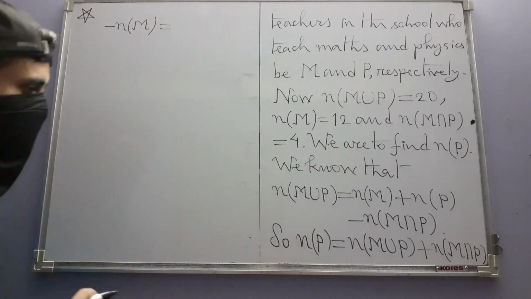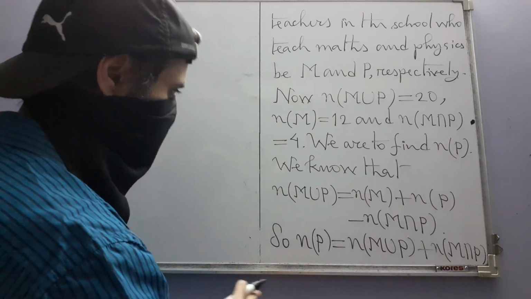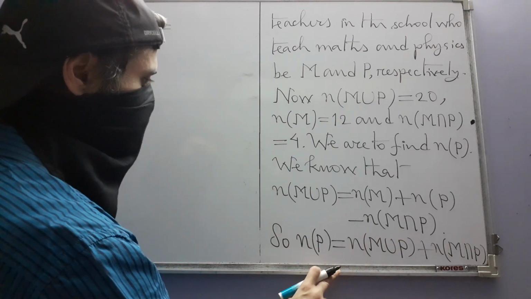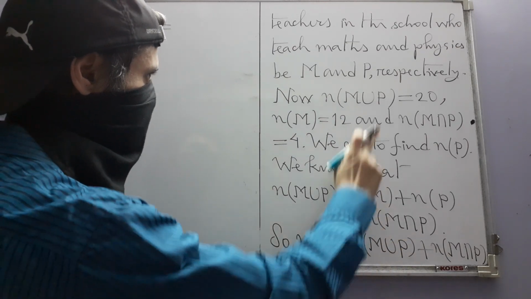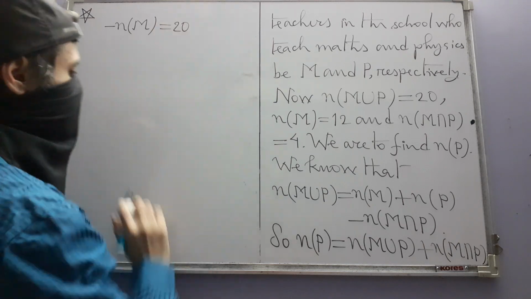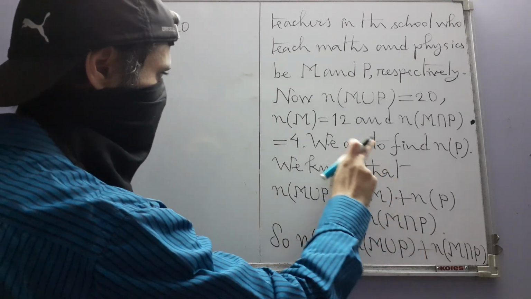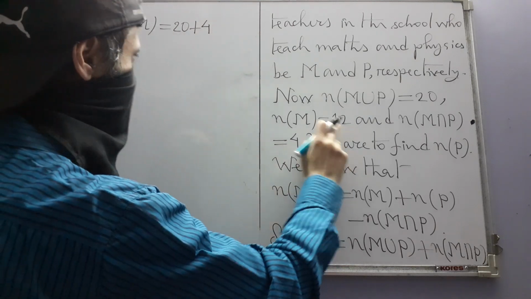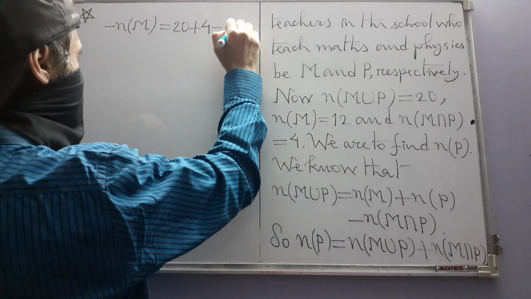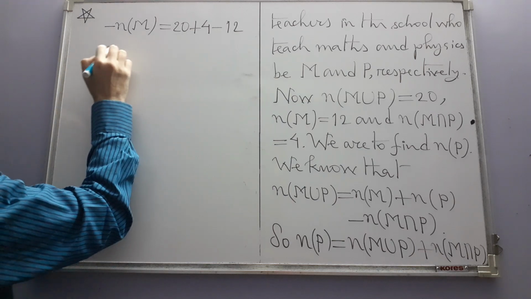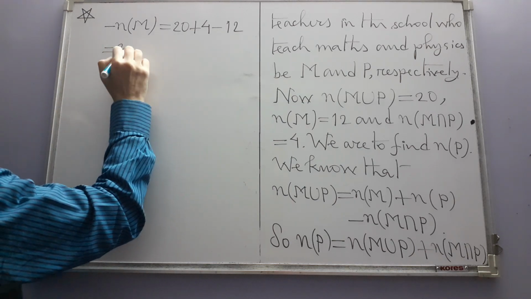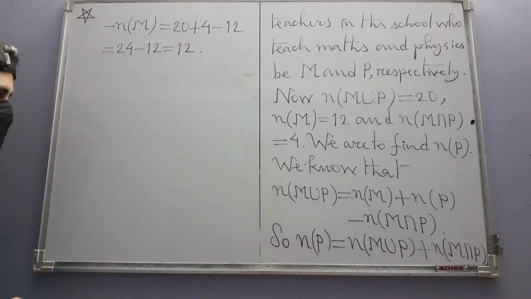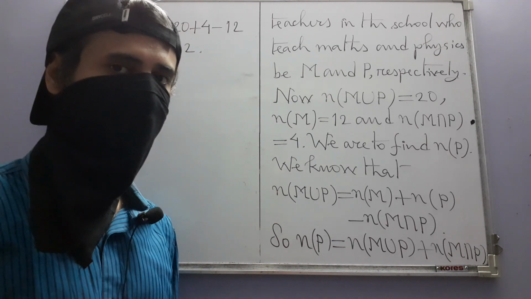And you can continue your calculation. You do not stop, okay. From this itself, you continue. So what is n(M union P)? That is 20, plus n(M intersection P) is 4, minus 12. So this is 24 minus 12, which is equal to 12. That means there are 12 teachers who teach physics.